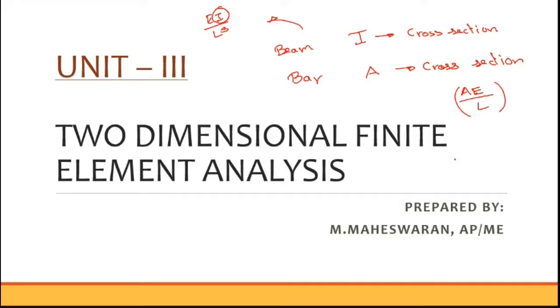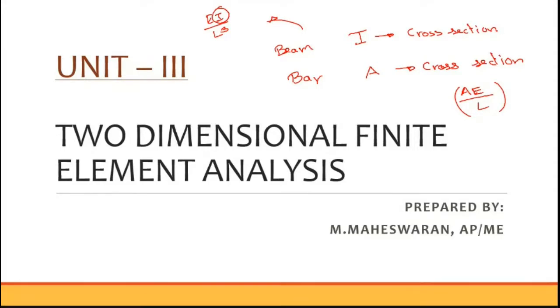When I go for two dimensions, there are some differences, because the size of the element and other things vary. 1D is similar because it's just a line. But if I go for 2D, your element may be a triangle, a rectangle or a square, and of course it may also be a hexagon or a trapezium.